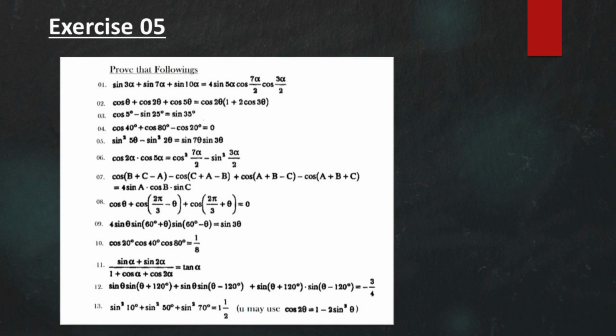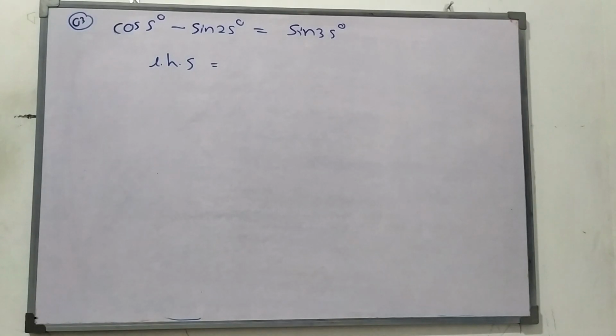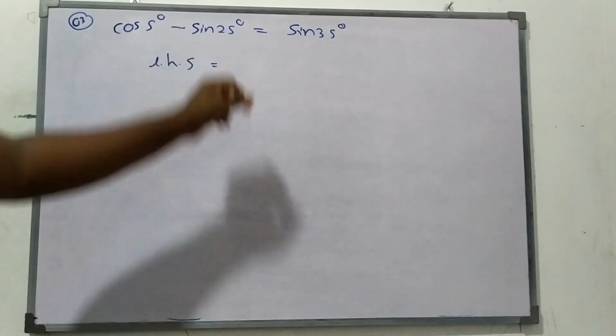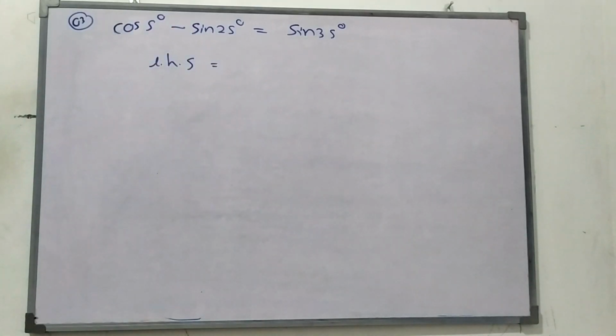Okay children, this is my next example. Cos 5 minus sin 25 equals sin 35, right? So here I'm going to start from the left hand side, but we have a trouble because it is cos 5 and this is sin 25. So how can we start from the left hand side?